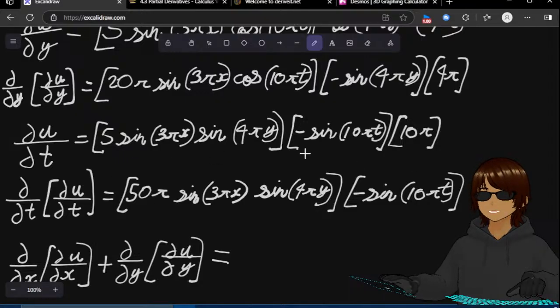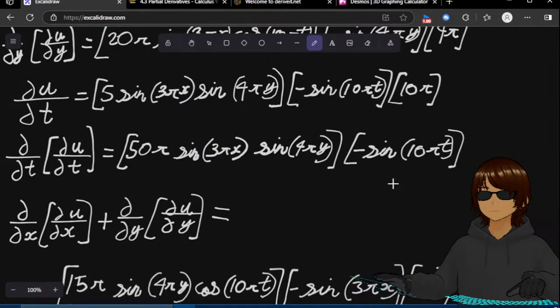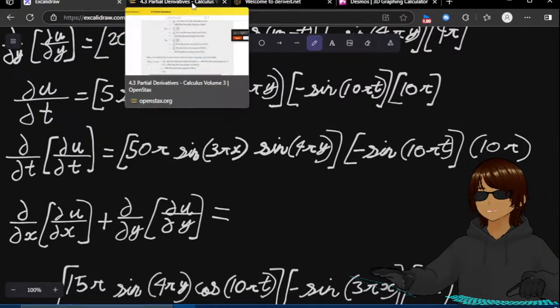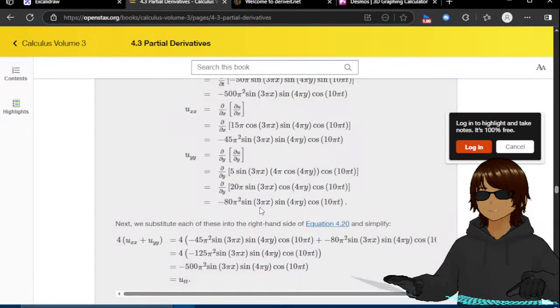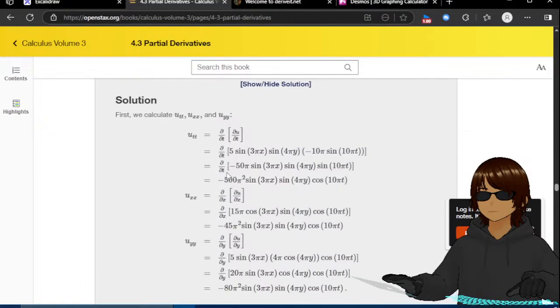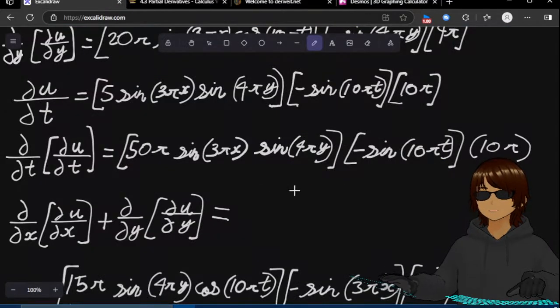If we differentiate again, this becomes this, and then there is 10 pi, so it actually becomes 500, which is not correct. Okay, this is correct, minus 500, right?